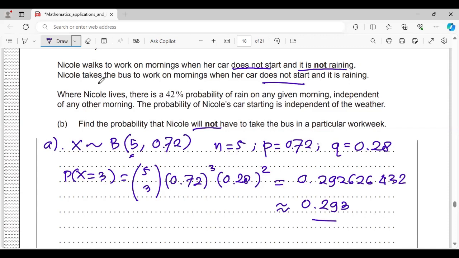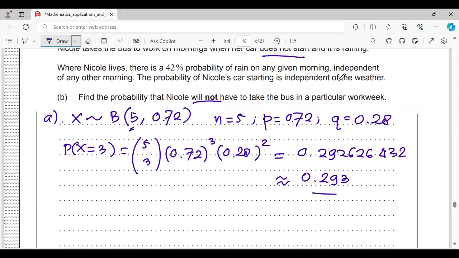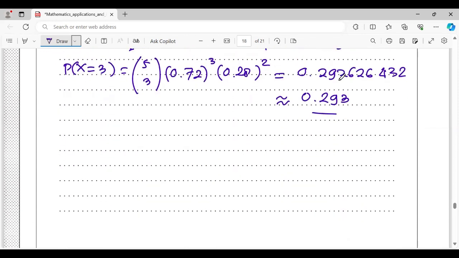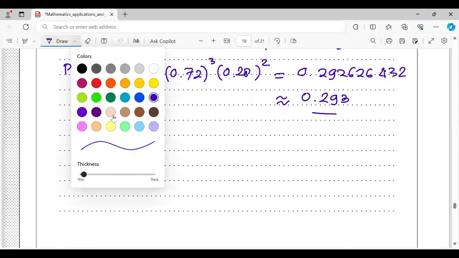She takes a bus if the car does not start and the morning is raining. Okay, interesting.